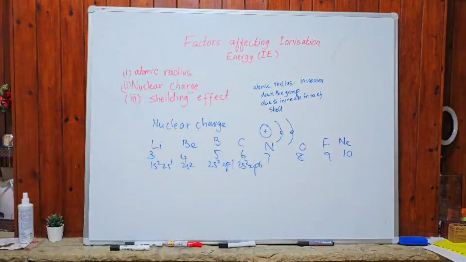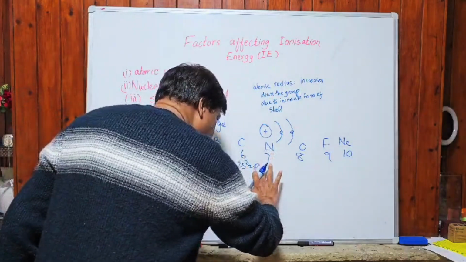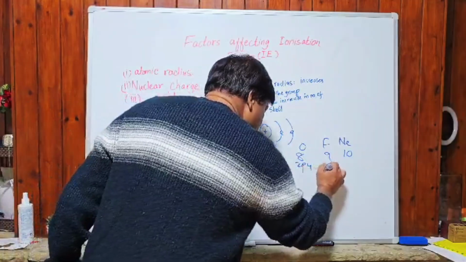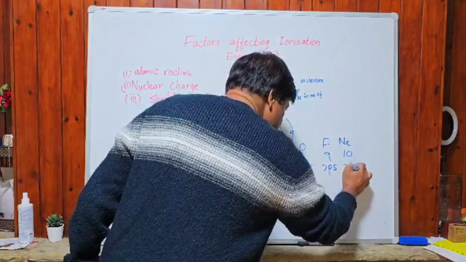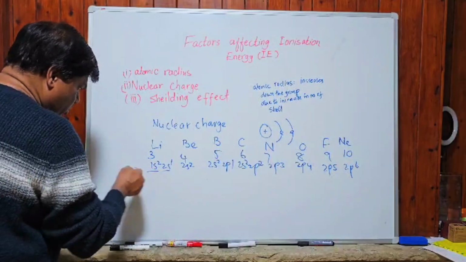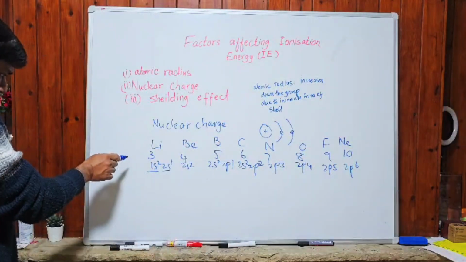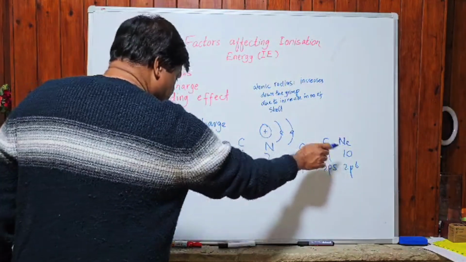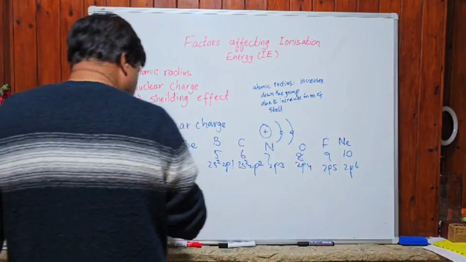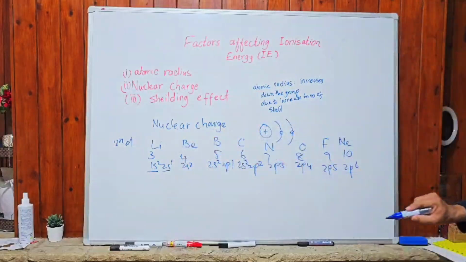P has 3 orbitals, so we can accommodate 6 electrons: 2p1, 2p2, 2p3, 2p4, 2p5, 2p6. 1s2, 2s2 are common, so it has 2 shells. When you move across the periodic table, this is the second period, it has only 2 shells. That's why they are placed in the second period.